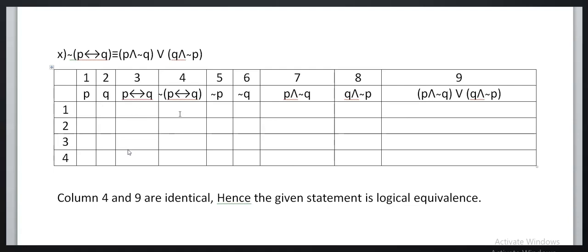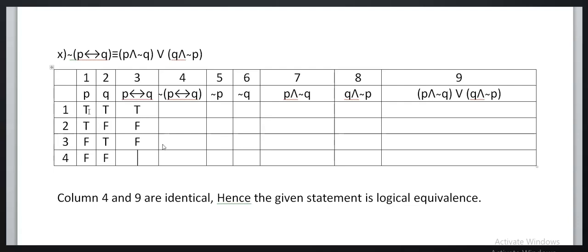That is P. Find out P double implication Q, their negation, then negation of P, negation of Q, P and negation of Q, Q and negation of P, and the OR between 7 and 8. Now, double T, double F. Q is TF, TF. Now double implication. If both of them are same, then it is true, otherwise false.